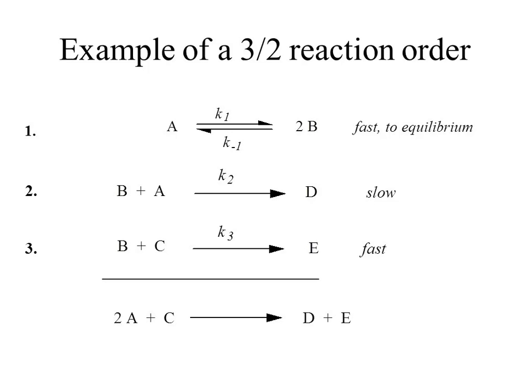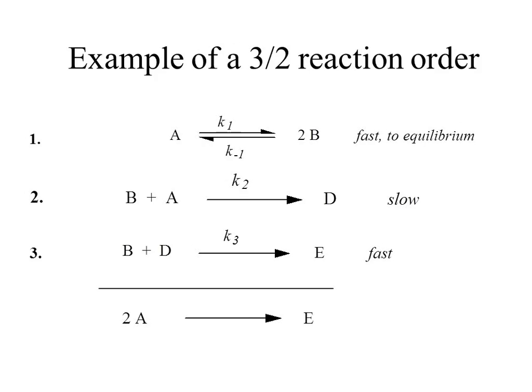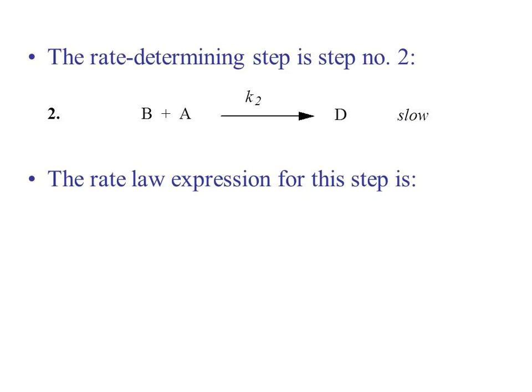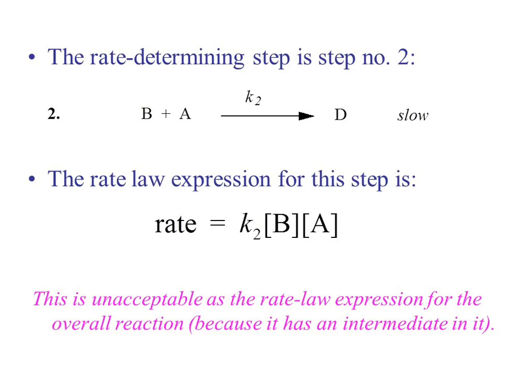This is a little bit different, but very similar. We're going to focus on the second elementary step, because it's the slow one. Focusing on the slow one, we write the rate law expression using molecularity.